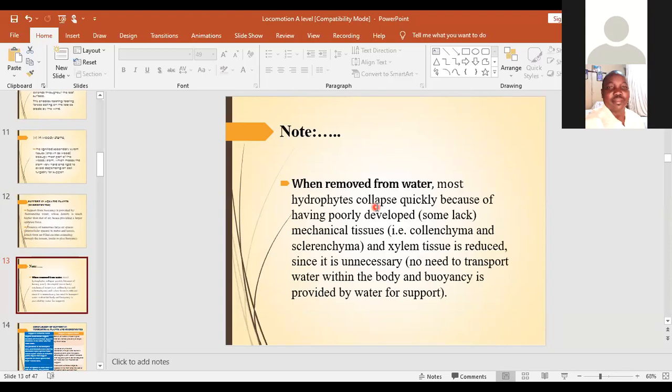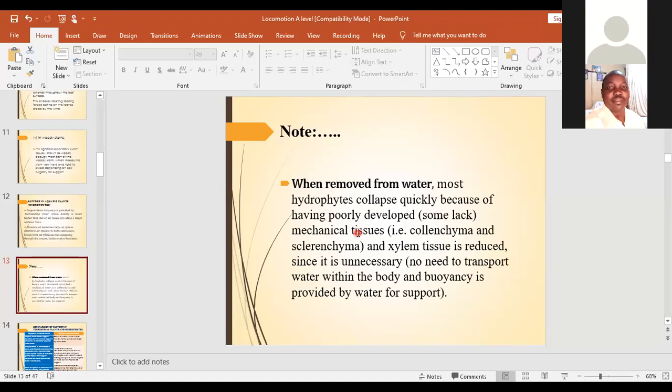But the worst thing is that the moment you remove this plant from water, they will collapse very fast because they lack those mechanical tissues we were talking about. They lack the collenchyma, the sclerenchyma.